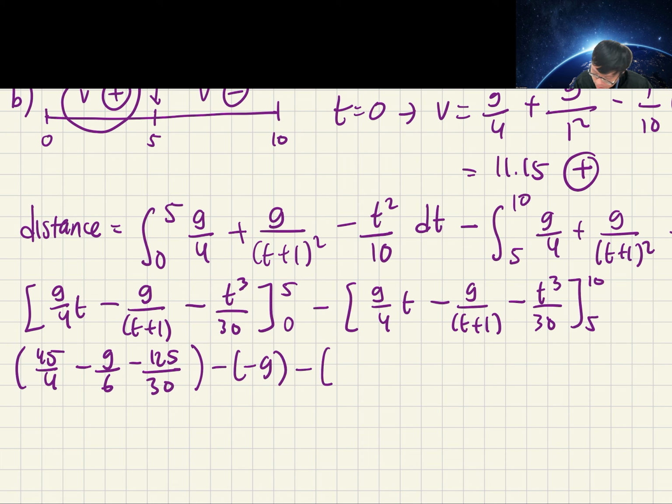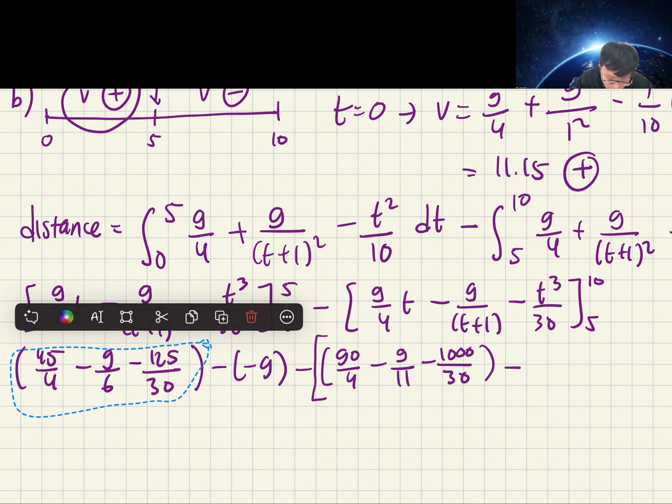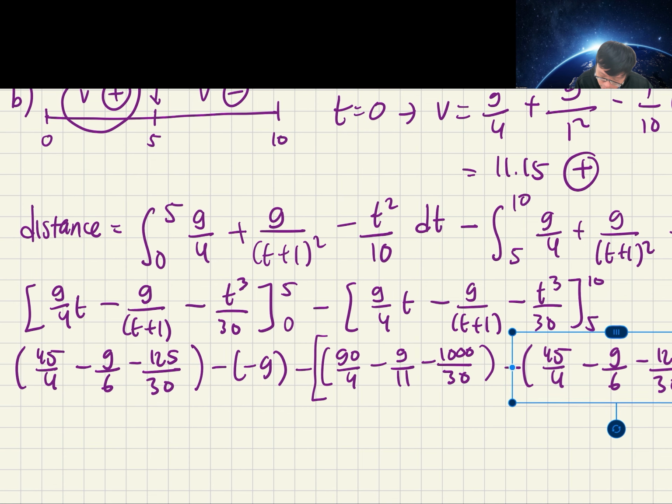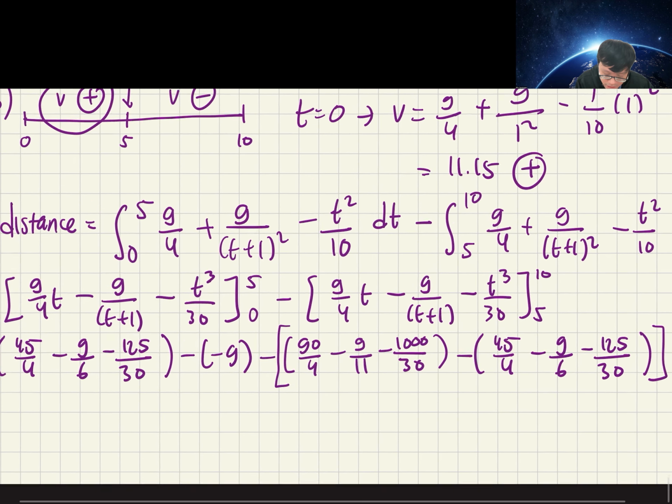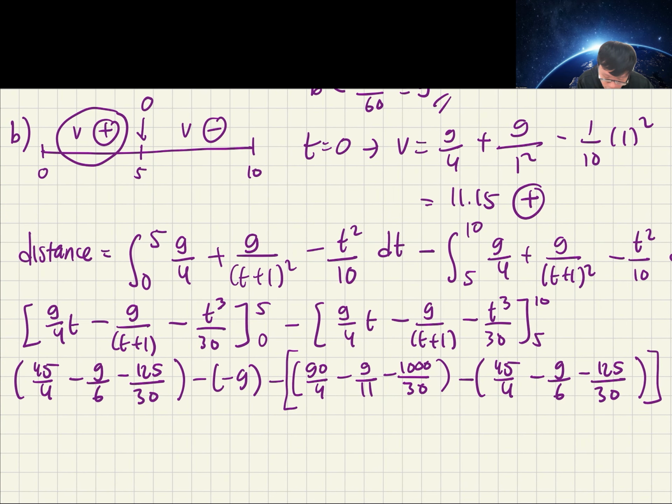Minus, you plug in 10, you will get 90 over 4 minus 9 over 11 minus 1000 over 30, and this big bracket, minus, you plug in 5, you will get this result. Same thing. Then close bracket. Nah, just solve it using calculator.